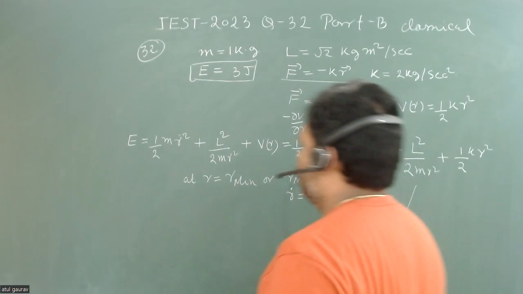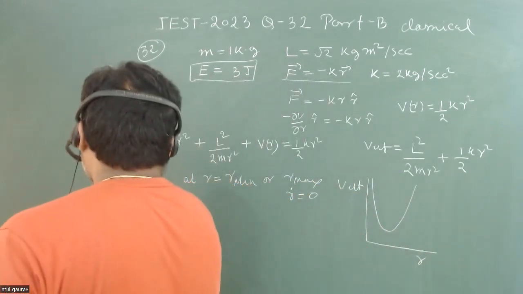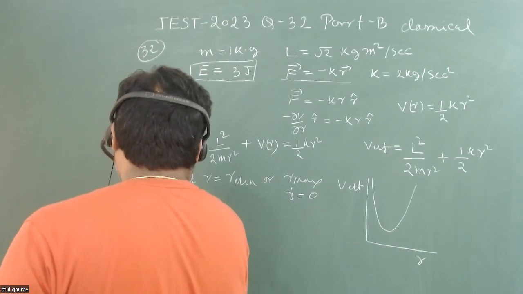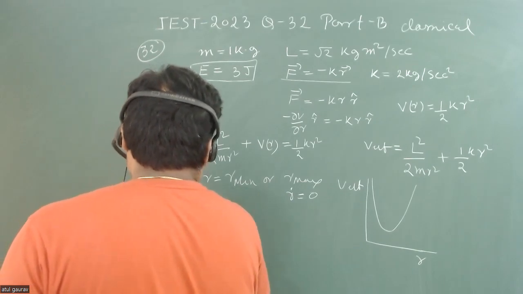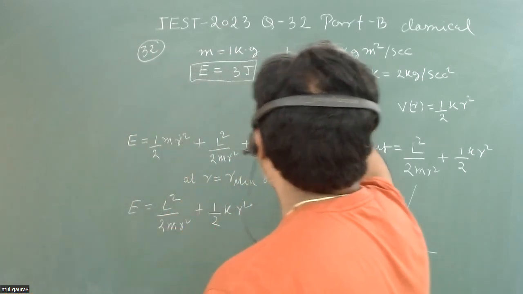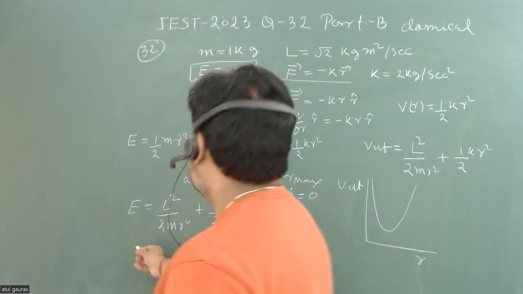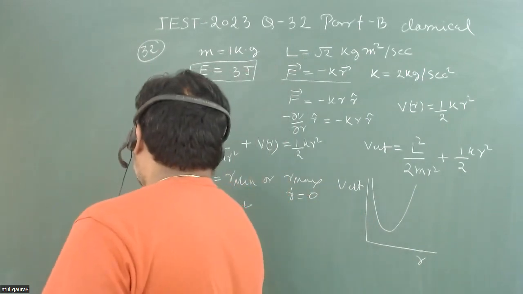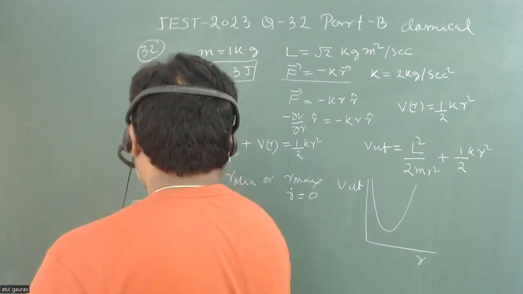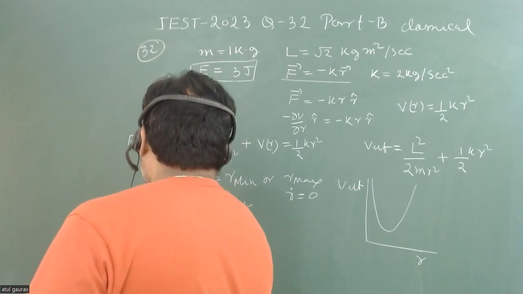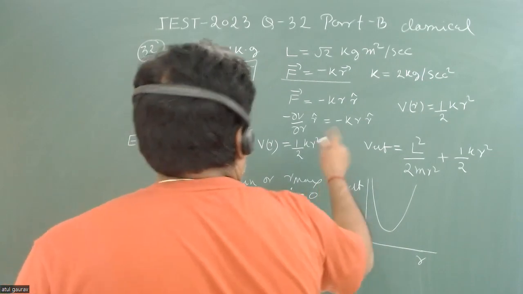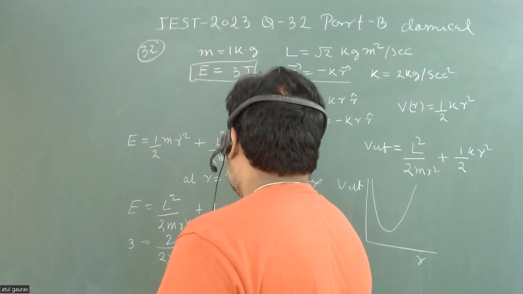And so my total energy E is given by L square upon 2m r square plus half k r square. Now everything is given in your parameters. So E is basically 3 units and L is, sorry, root 2 units. So this is 2 by 2 into m is 1 r square, and this is half, and k is 2, into r square.